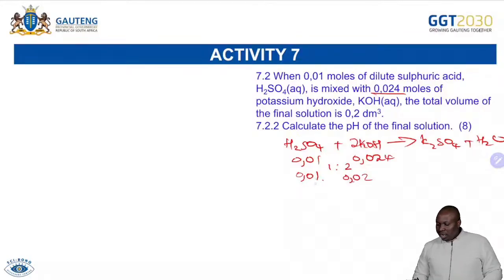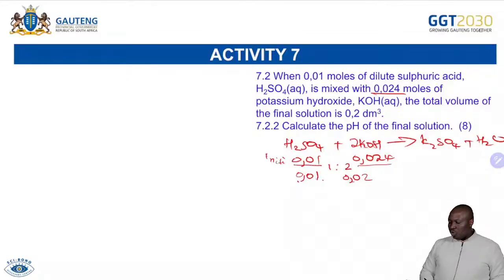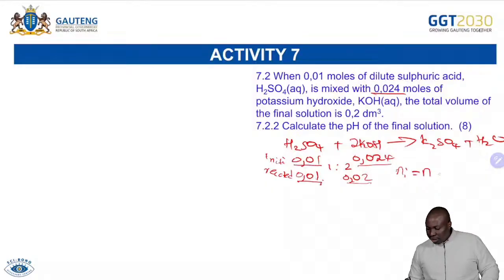So what is happening is that initially, you were given sulfuric acid 0.01, you were given potassium hydroxide 0.024. But now what reacted is that 0.01, all of it will react with 0.02, which means that in potassium hydroxide, we're still having some left. Always, number of moles initial is equal to number of moles that have reacted plus number of moles in excess.